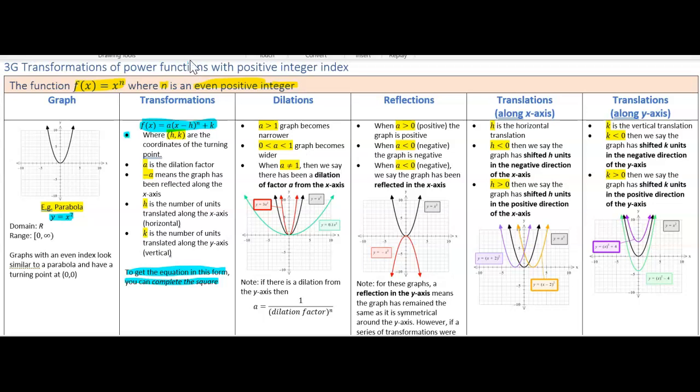So let's go through each dot point individually. I'm going to highlight it as we go. So h and k are the coordinates of your turning point. Just take note that we do have this negative in there. Whenever you're dealing with turning point form, if there's a negative there, the value of h is positive.